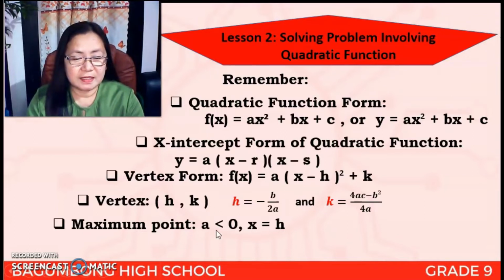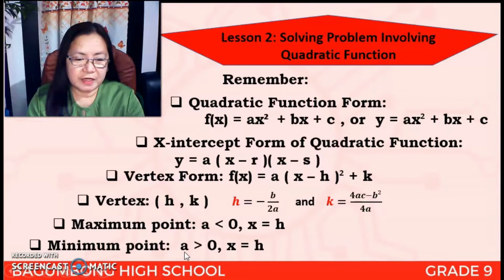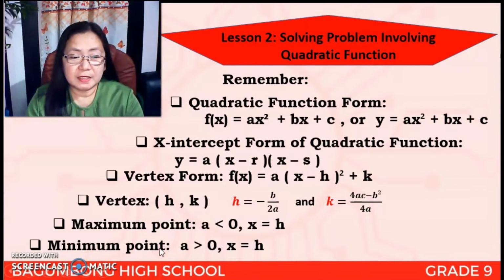If a is less than 0, meaning a is negative, then the parabola has the maximum point, meaning the parabola opens downward, and x is equal to h. And if a is greater than 0, meaning a is positive, the parabola has the minimum point, meaning the parabola opens upward.